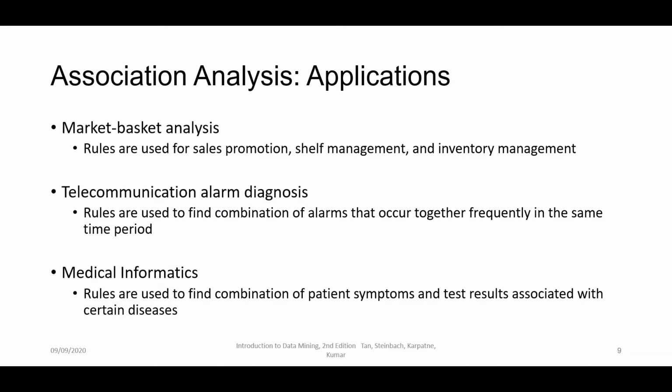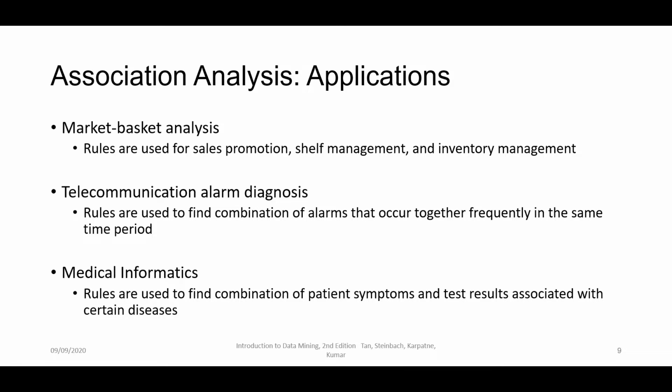Market basket analysis, telecommunication alarm diagnosis, medical informatics: in these cases, association rules can be applied. For sales promotion, shelf management, and inventory management in market basket analysis. Then medical informatics, like disease identification and certain disease grouping association.